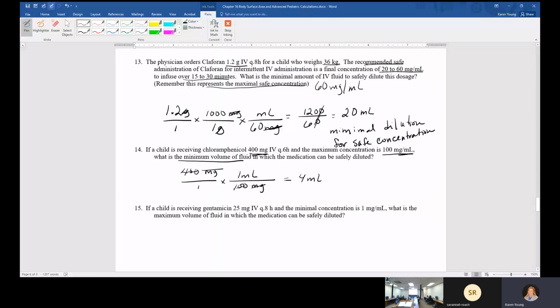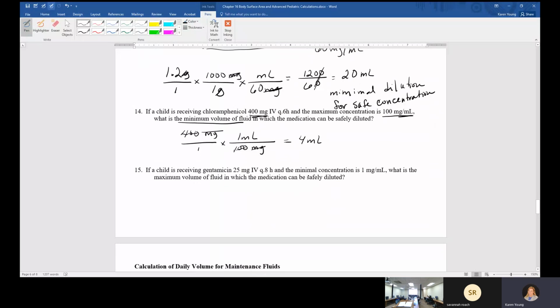So this is just like finding how much you're going to give, except you're using your maximum concentration. And 15 is done the same way. So this time I have a child that's receiving gentamicin at 25 milligrams for a concentration of 1 milligram per milliliter. I'm looking for milliliters.